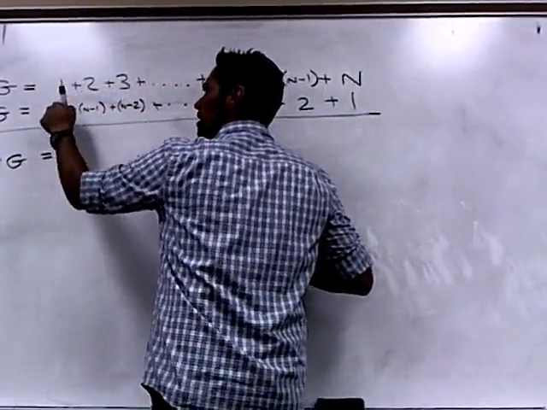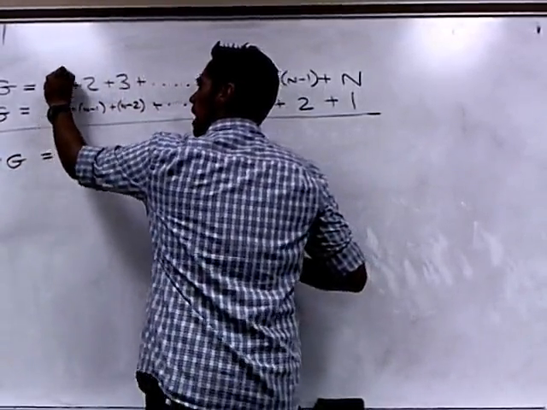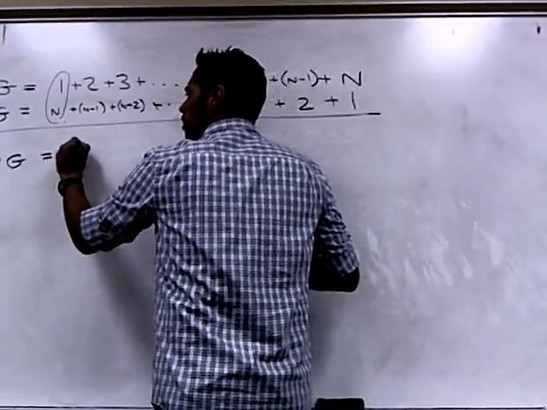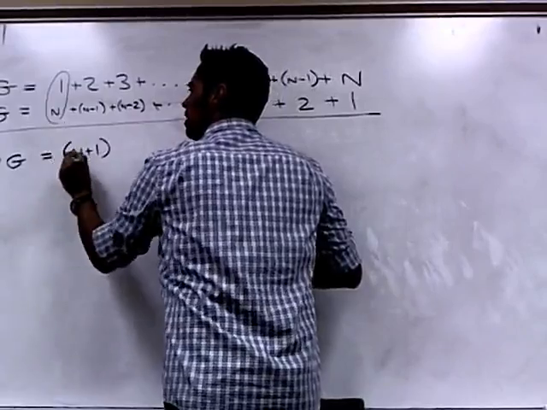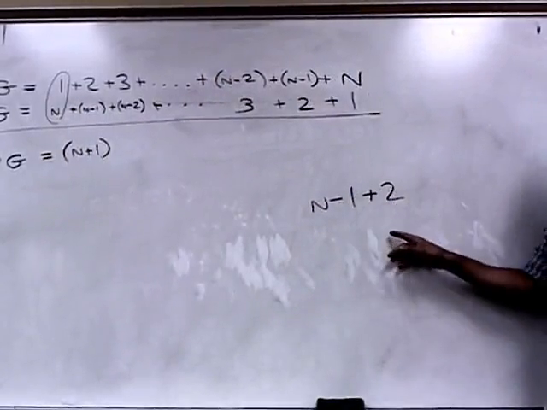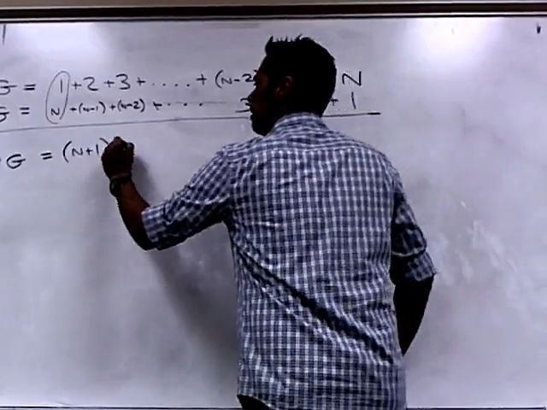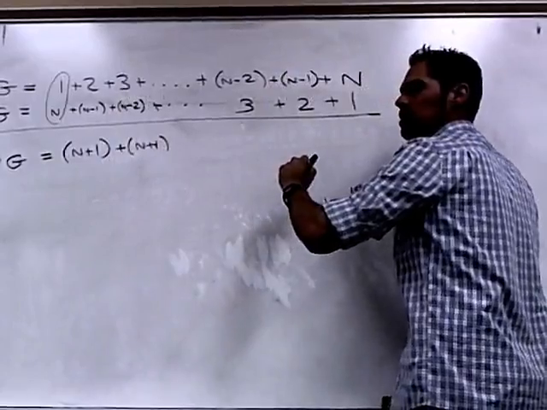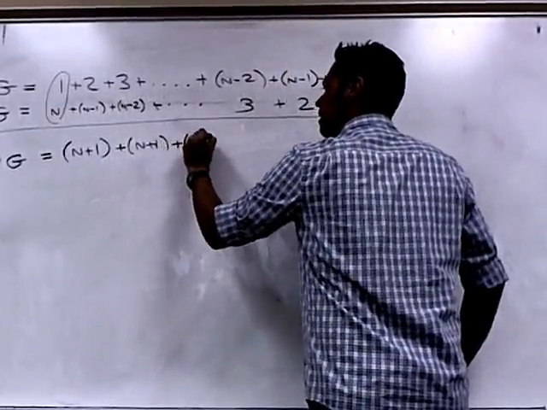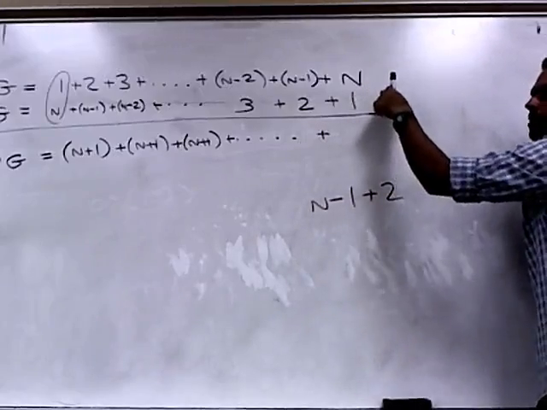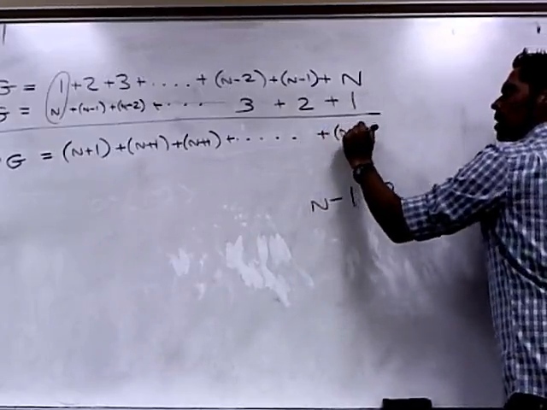What's this first one added together? 1 plus n, or n plus 1, isn't it? What's the next one? What's n minus 1 plus 2? n plus 1 again. What's the next one? What's n minus 2 plus 3? n plus 1 again. And then I keep doing that until I get to the very last one. What's the last one? n plus 1.